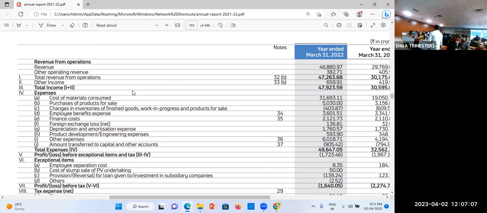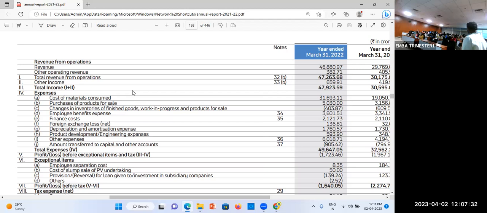Other income means income from bank deposits, dividends from other companies, shares invested, anything other than your core operation. Roman letter 1 and 2 put together is called total revenue.